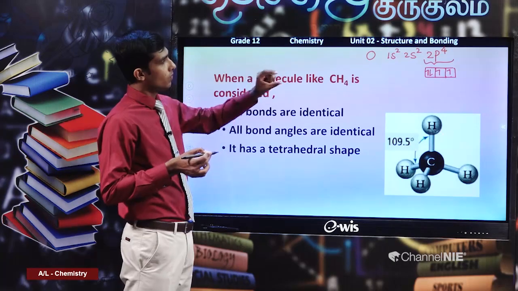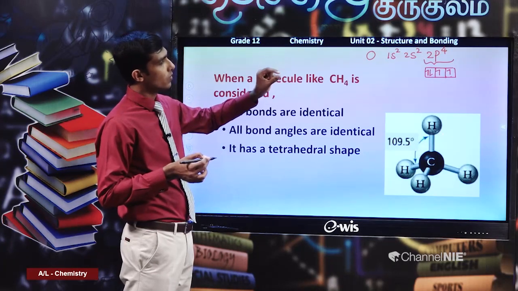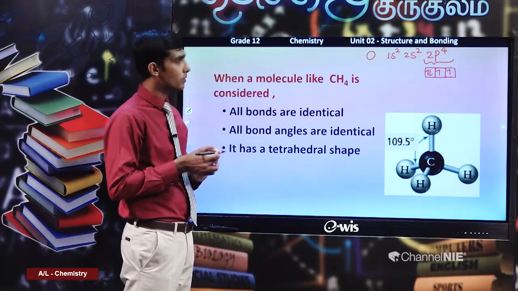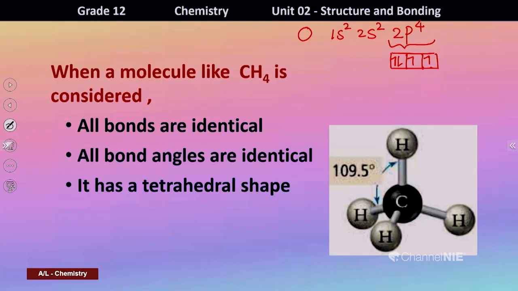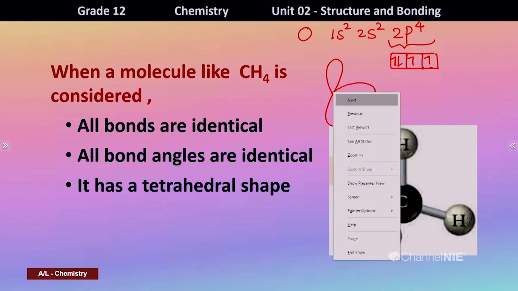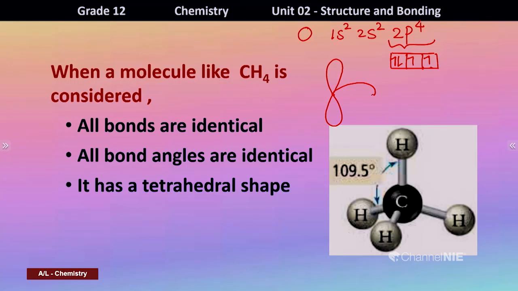Therefore, when the hydrogen atoms overlap with these p orbitals which are perpendicular to each other, the water molecule will look like this. Now these are the p orbitals, perpendicular to each other.